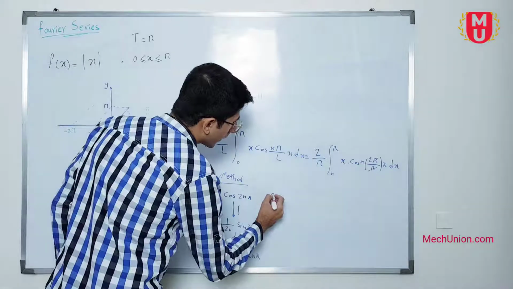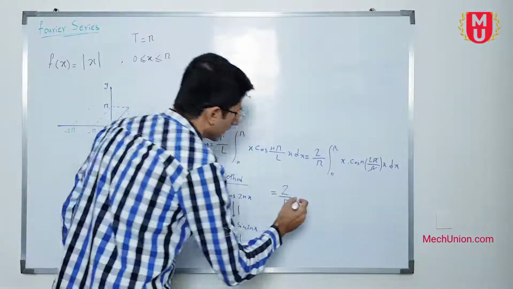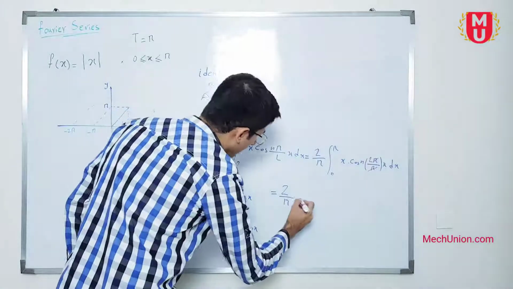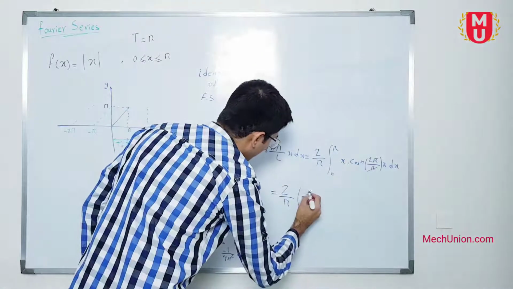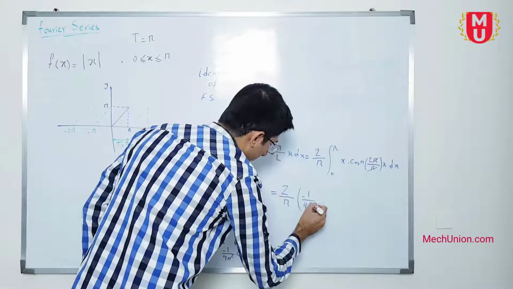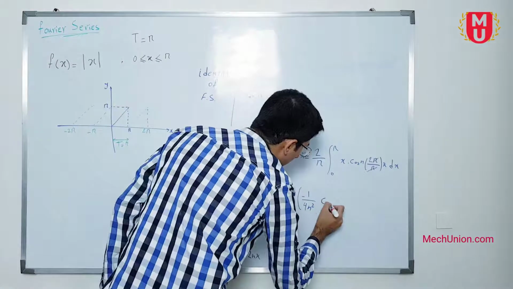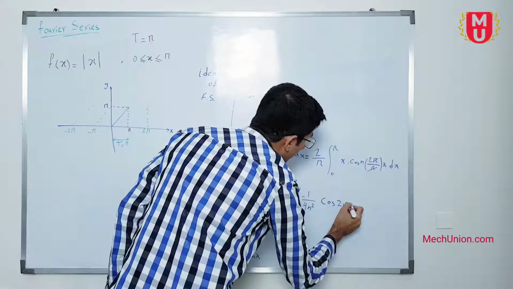And our final answer will become 2 over pi minus 1 over 4n squared cosine 2nx.